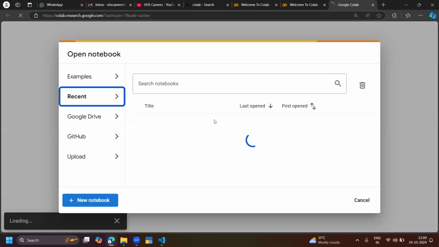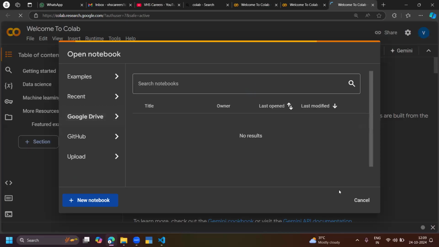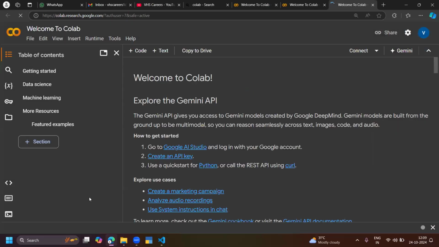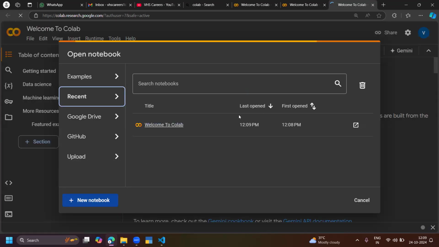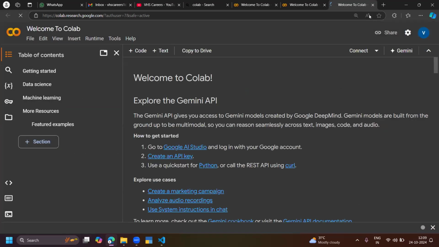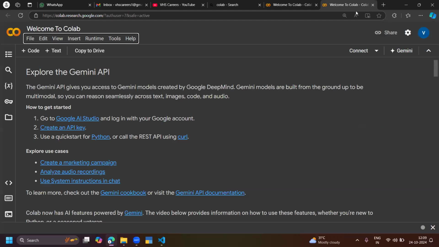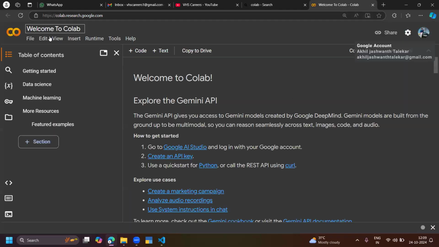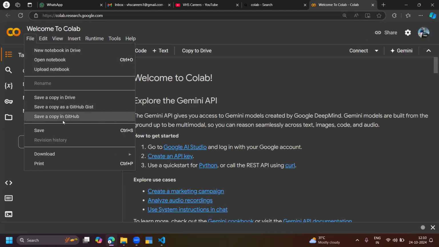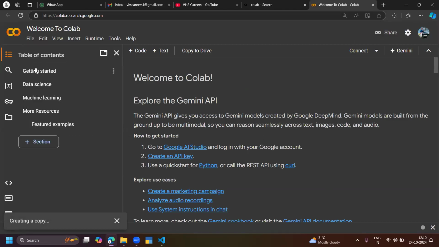Sorry, something is happening. Let's do one thing. Let's save the file. I will create the file. Okay, save a copy in the drive. That is okay. Okay, file, new notebook.